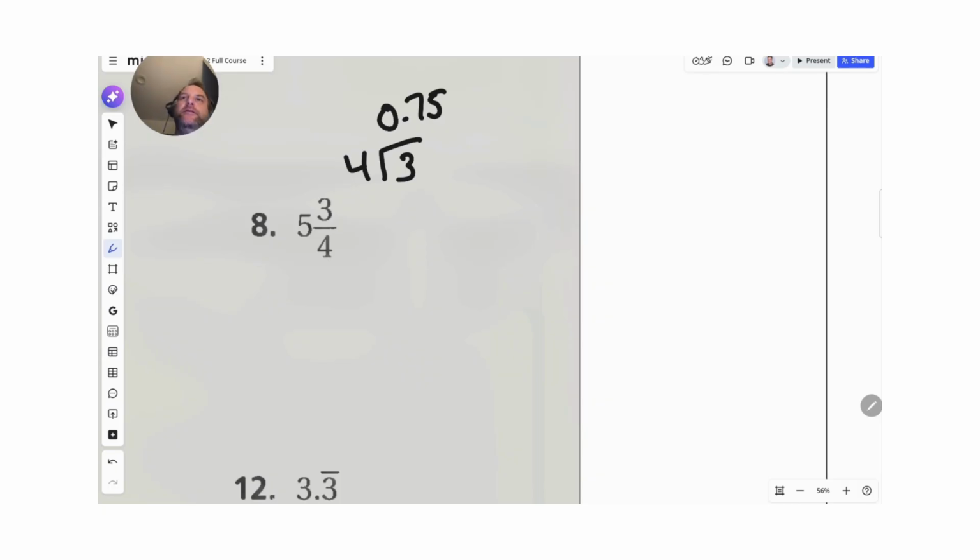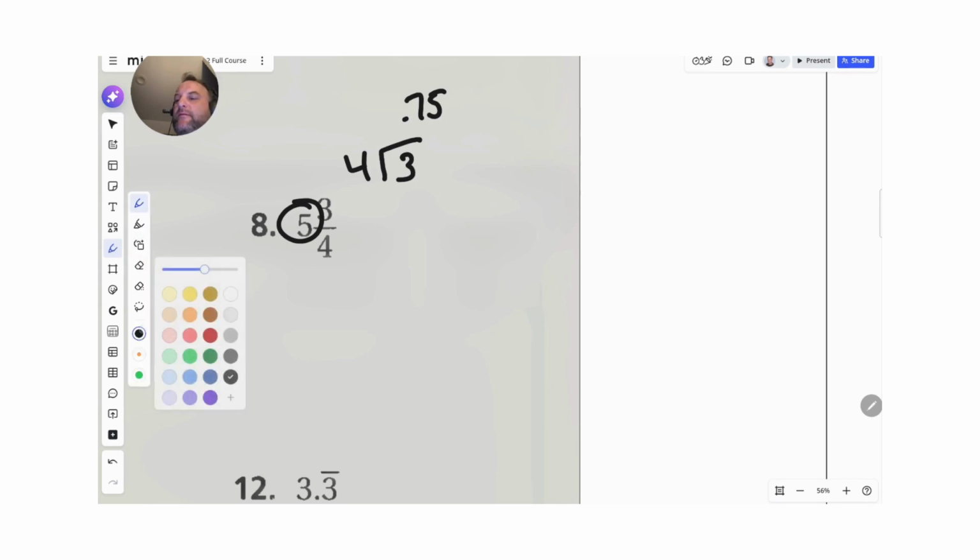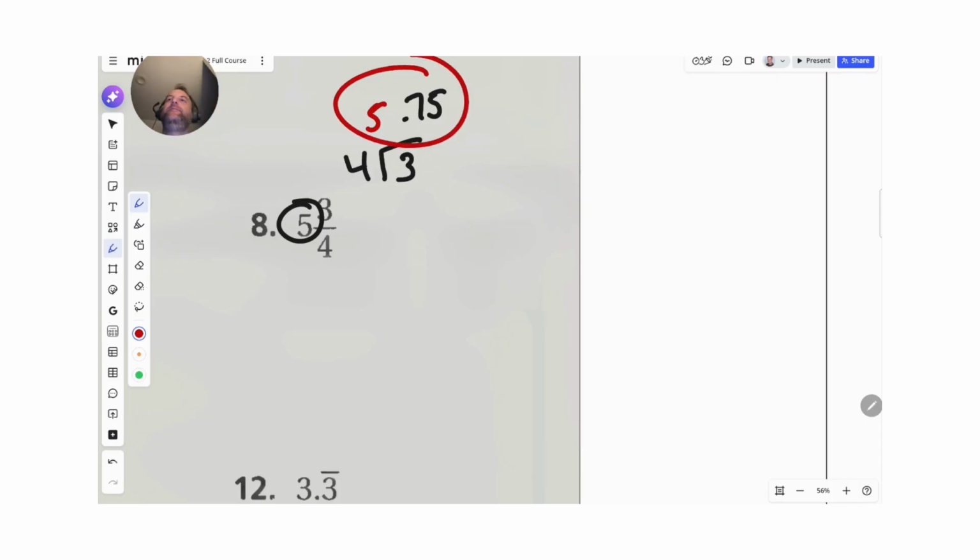All right, so 5 3/4 now would be the whole part. To add that to that, let's replace the 0 with a 5. Now we're at 5.75.